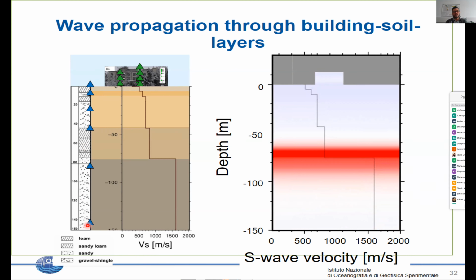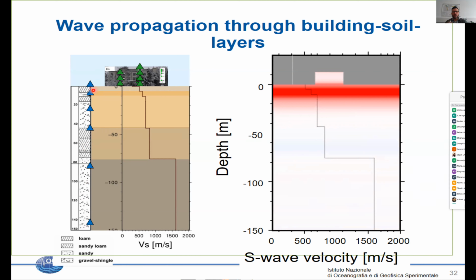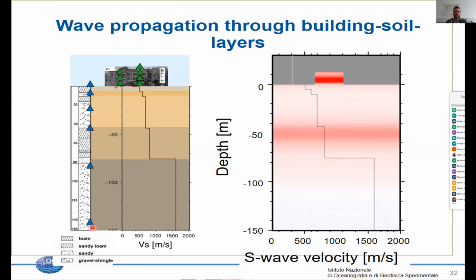If I calculate my two Fourier spectra, I can calculate the spectral ratio, and immediately I have my transfer function from the bottom to the top. Our rock site input is already measured by the shaking coming from below.